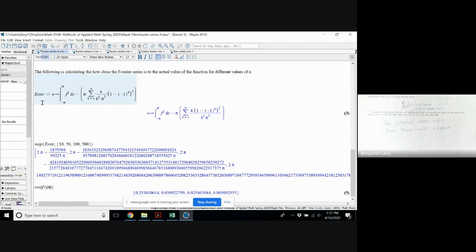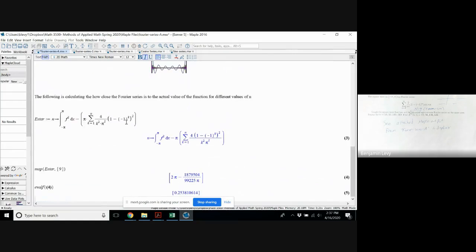I'm defining it in terms of n, and you can see the n just goes into the sum. Then down here you can plug different values into n. The top of the page asks us to plug in 9 to start. If I plug in 9 and run this whole document, it gives you this value.